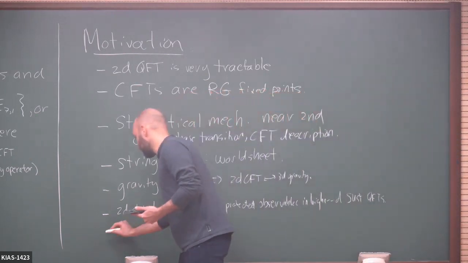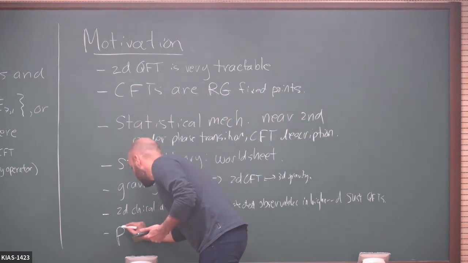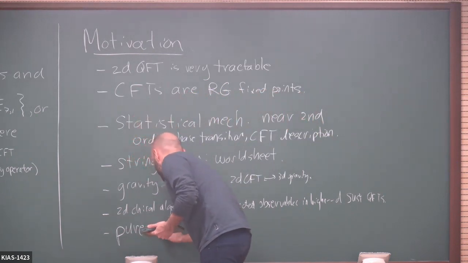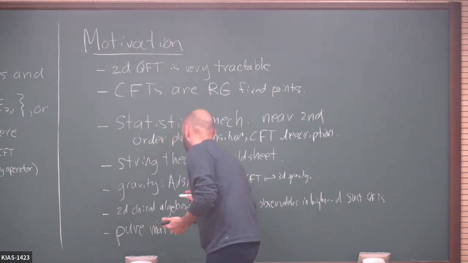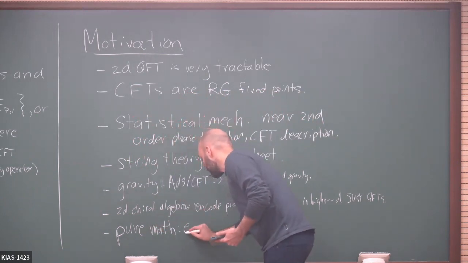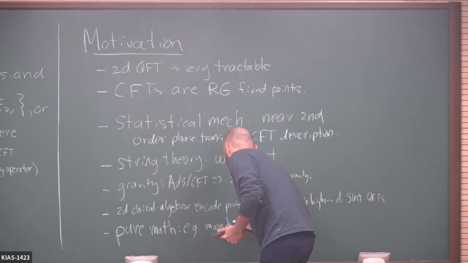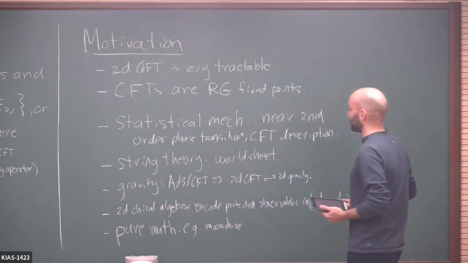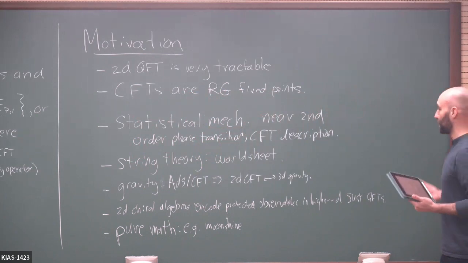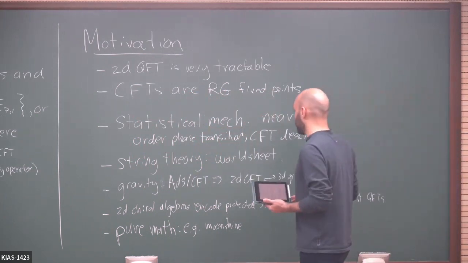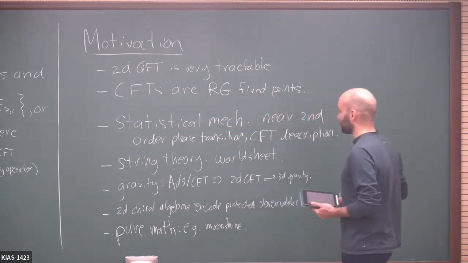theories like this. And the last motivation comes from pure mathematics. A very famous example, and in some sense, one of the reasons why vertex operator algebras were invented, was monstrous moonshine.